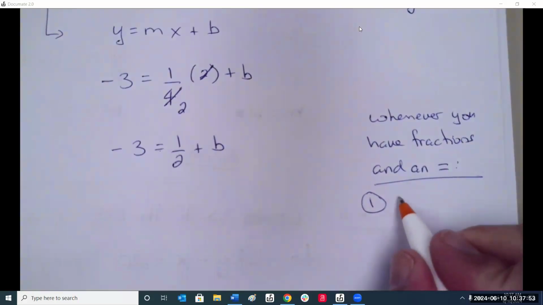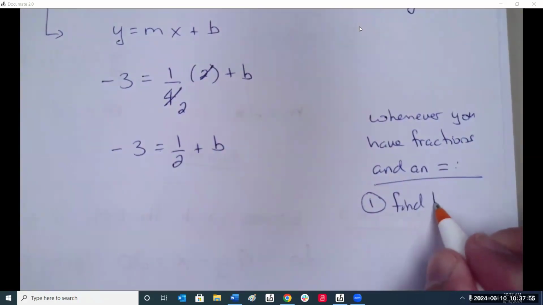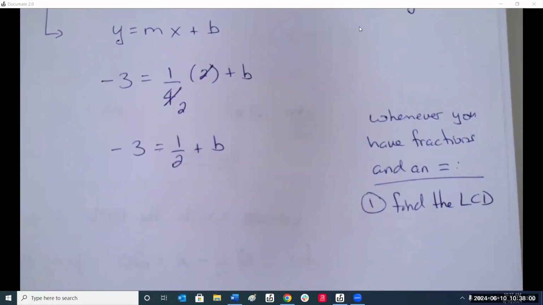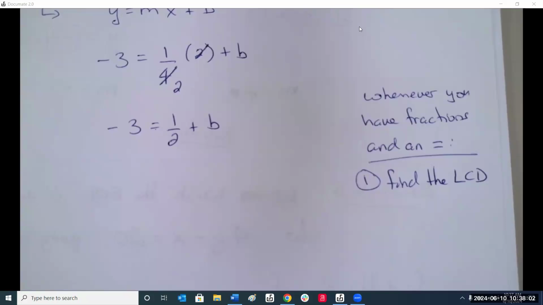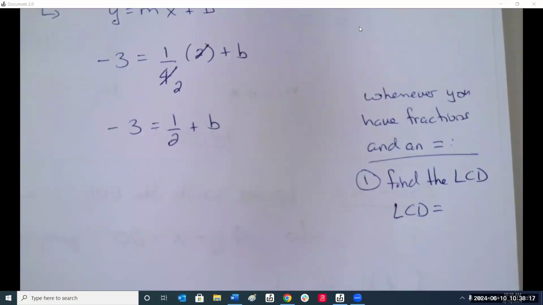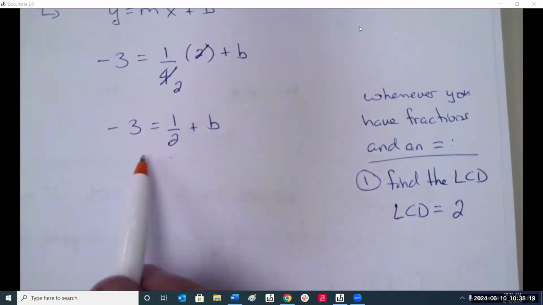So first thing you do is find the LCD. What's the LCD of this equation? That's what LCD stands for, but not for this equation. 2. It's the only denominator, right?